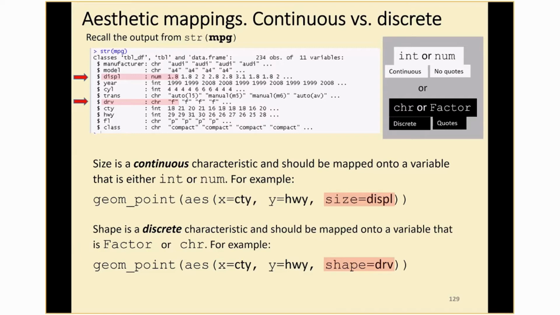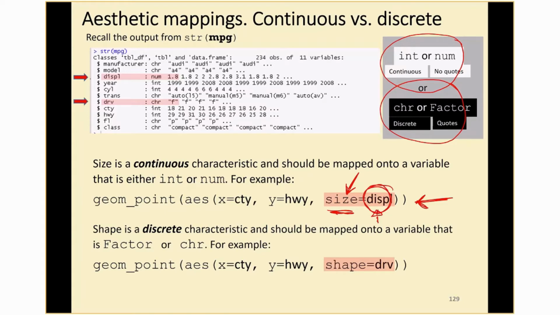And as often is the case, we come back to this idea that all these variables are going to fall into one of those two categories, and it really matters. So if we think of what's happening in this particular line of code, I'm mapping size onto a variable. When you think about size, size is something that's continuous. And so it makes sense that we map size onto a variable that should be a continuous variable.